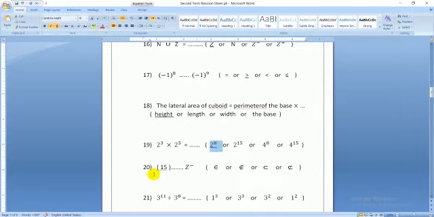Number 20. The set containing 15, belong or not belong, or subset or not subset, Z negative. First, I must know what family I deal with. If I deal with two sets, I choose from subset or not subset. If I deal with an element and a set, I choose from belong or not belong.